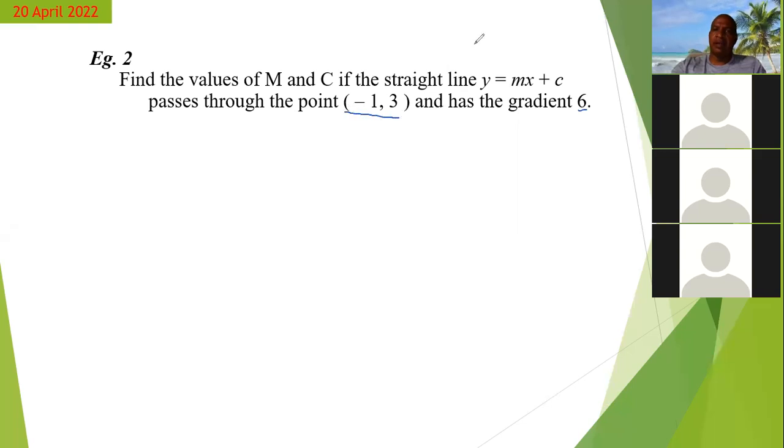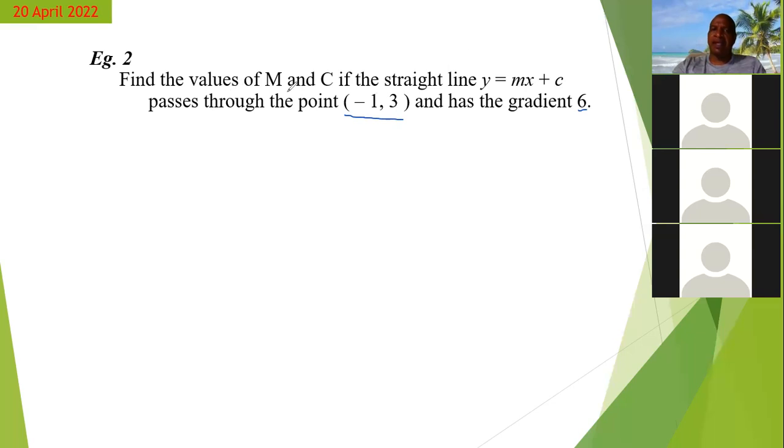Oh, that's 1. X and Y coordinates. Yes, sir. So it means that you have 1 point and you have the gradient. So with these two alone, you should be able to work out what c is. And then after you find c, you should be able now to write the equation for the straight line.